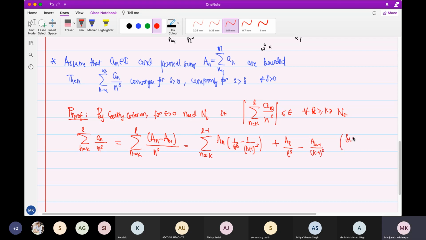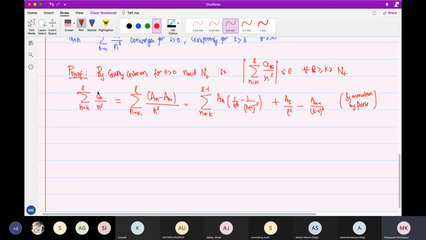So this is called summation by parts. It's exactly like integration by parts, and this is the standard trick to use the oscillatory nature of one of the integrands. If you have a product of two integrands, one is oscillatory, the other is not, this is one way to exploit it.